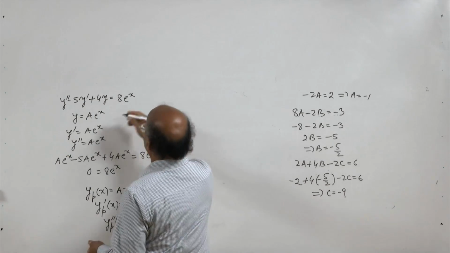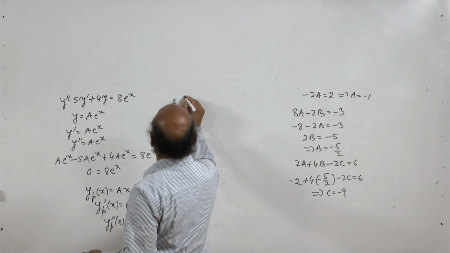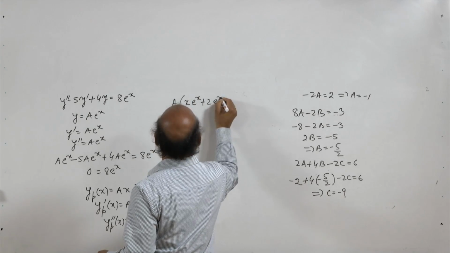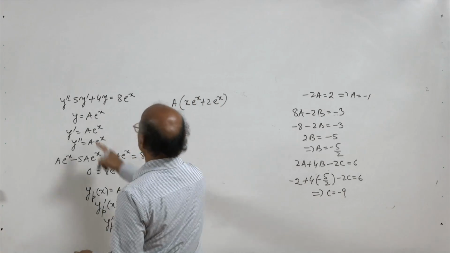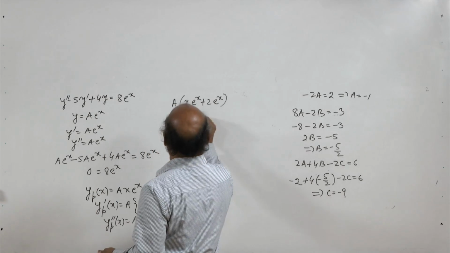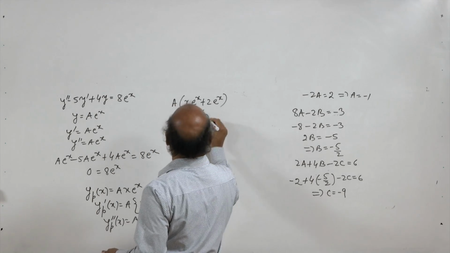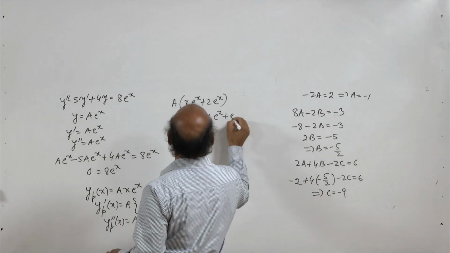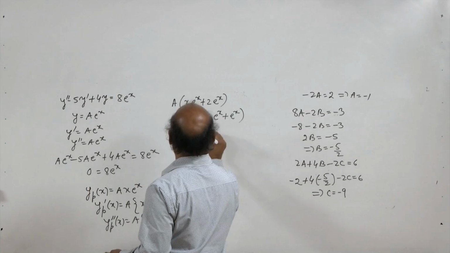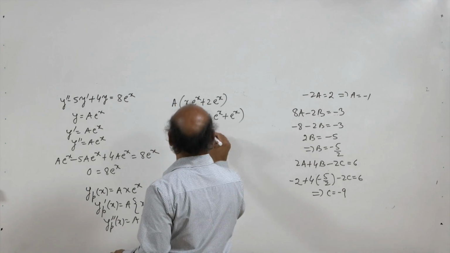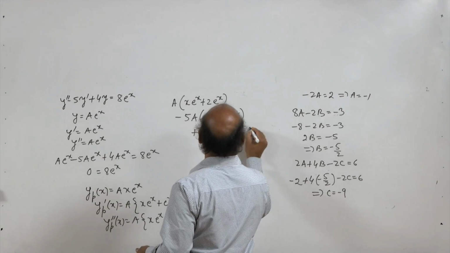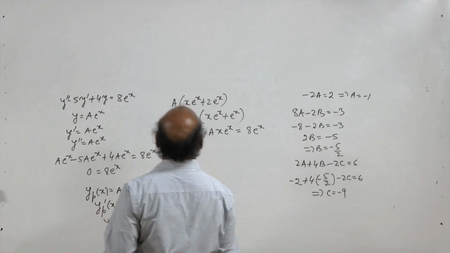So, a times (x e to the power x plus 2 e to the power x), that is y_p double dash, minus 5 y_p dash, means a into (x e to the power x plus e to the power x), and then we have 4 times y, which is a x e to the power x, equal to 8 e to the power x.